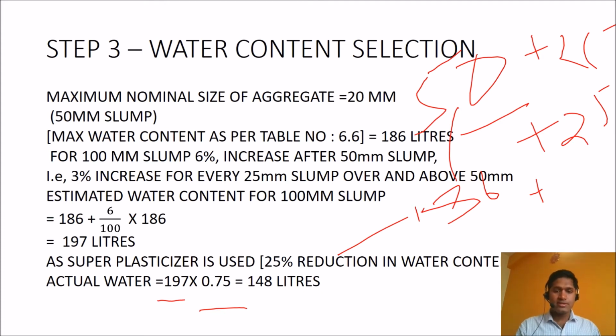If a plasticizer, that is a naphthalene based admixture, is used, then you can reduce water by up to 10 to 15%, or sometimes even 20%. You can reduce it based on the trials and experience. This reduction will be adopted considering humidity as well as the locality.